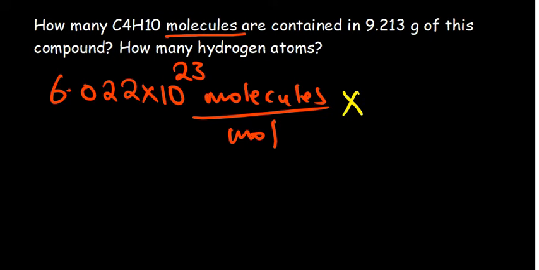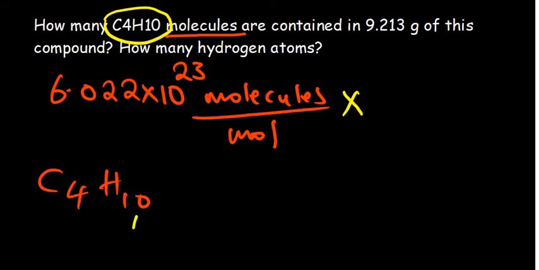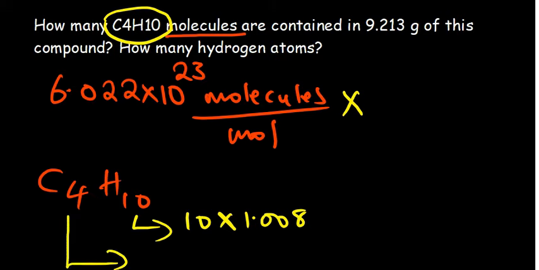So we'd have to find the relative molecular mass. So look at C4H10, right? So we have 10 hydrogen atoms, each has got about 1.008 grams per mole. Carbon, we have 4, each has got about 12.01 according to the periodic table. So we're trying to find the relative formula mass or relative molecular mass, whatever you can call it.